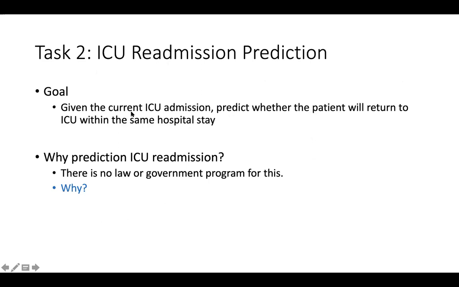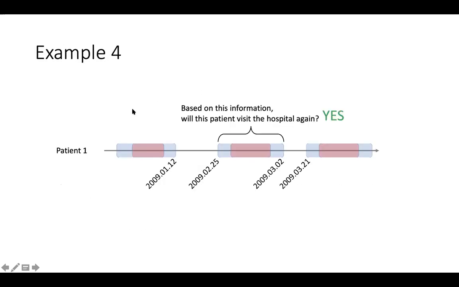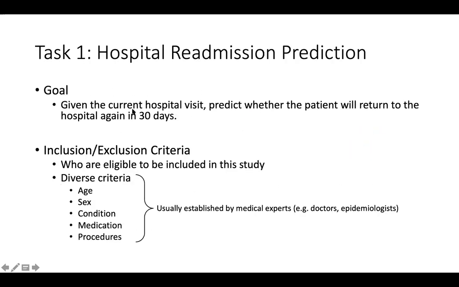Before, it was given the current hospital visit, so it was a hospital level thing. I'm not sure if you remember, but when I was describing the MIMIC-III data set, there was a hospital level table and an ICU level table.